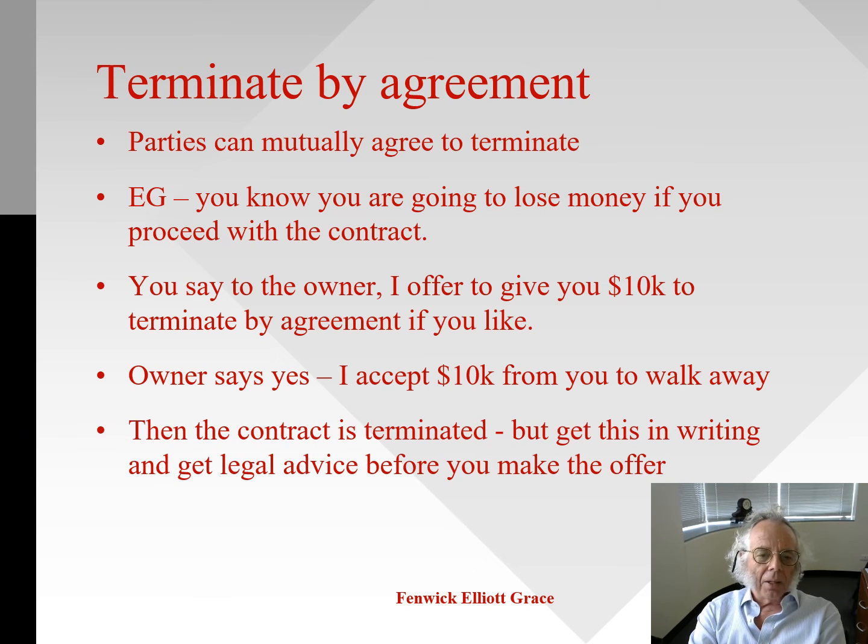And then if that is worked out and everyone agrees to it, the contract is terminated. But be cautious about this approach. Get this in writing and make sure you get legal advice before you make the offer. And never on any terms say to the owner, I refuse to proceed, but I'll give you $10,000. Don't put it that way. It's always an offer to terminate, and it must be done by mutual agreement.